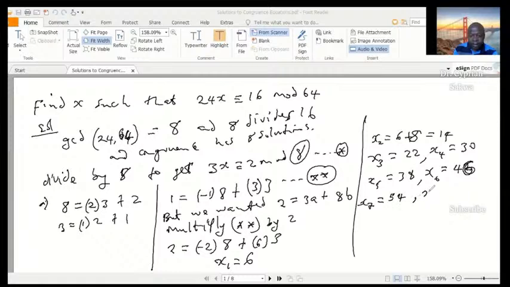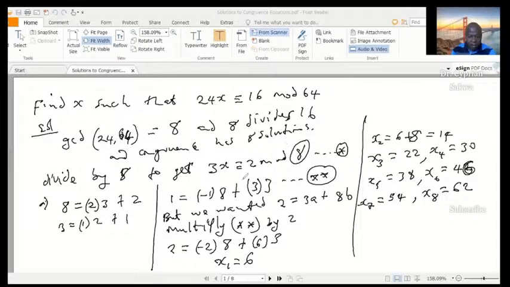And then x8 would be 54 plus 8, which is 62. So these are the 8 solutions: the first, second, third, fourth, fifth, sixth, seventh, and then the eighth. Good. That's how you use Euclid's algorithm.